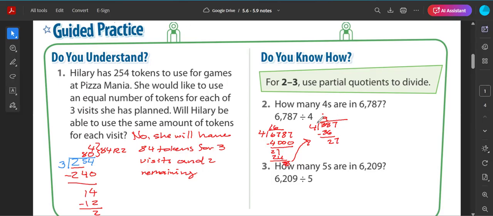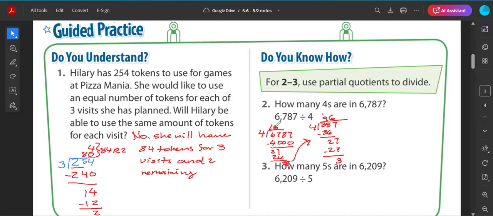And I have a 7. So now 4 times what equals 27 or something close to 27? Well, 4 times 5 equals 20. 4 times 6 is 24. 4 times 7 is 28. So again, I'm going to stick with my 6. And then I get my 24. And then I subtract it. And I get 3 left over.